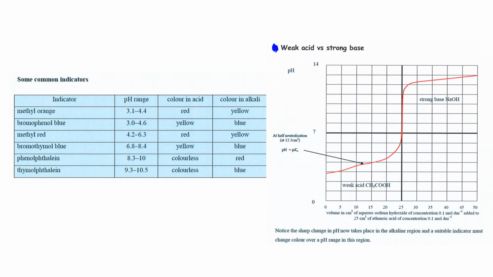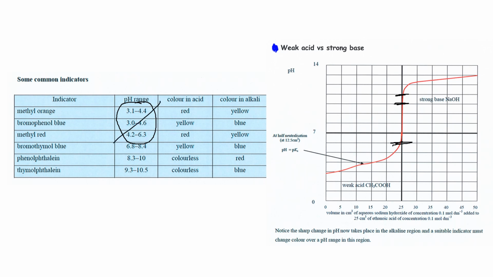However, things are a little bit different for the weak acid, strong base scenario. If we look here, the vertical region goes to about 10, 11, something like that, and it doesn't start till about 6, which basically means that these first 3 indicators here, methyl orange, bromophenol blue and methyl red, would not work because they change colour in the acid region.